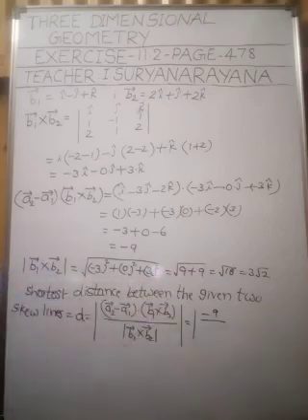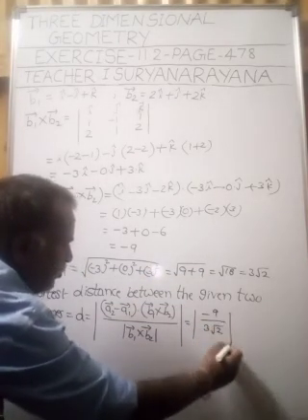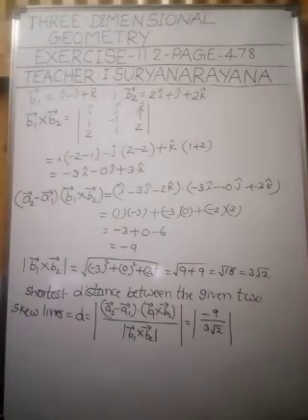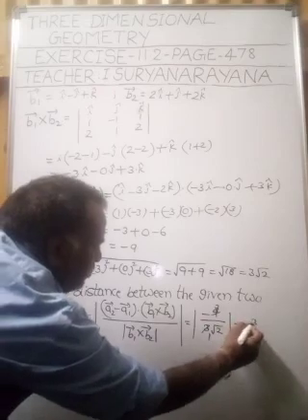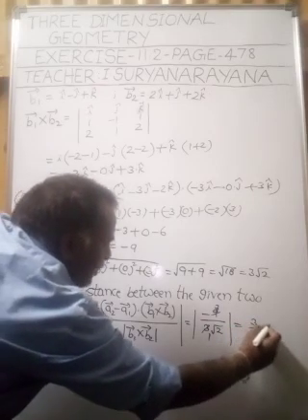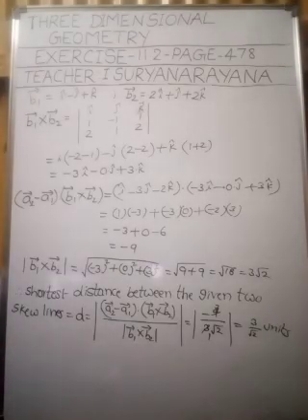What is the value of modulus of B1 bar cross B2 bar? 3 root 2. Understood this step, my children? Right, 3 ones are 3, 3 times. That is equal to 3 by root 2 units. This is the shortest distance between the given two lines.